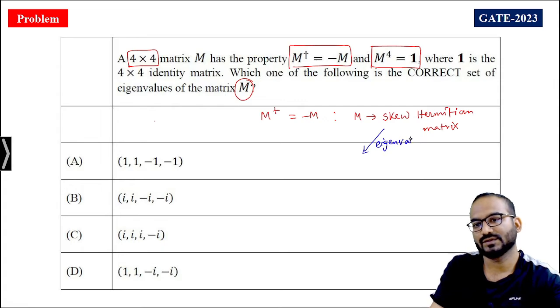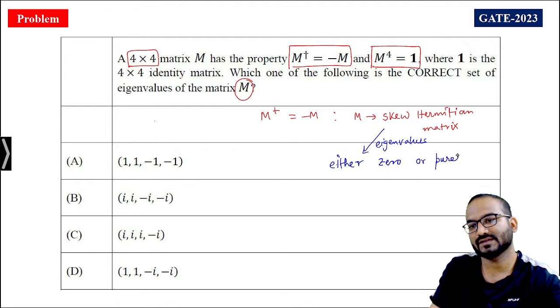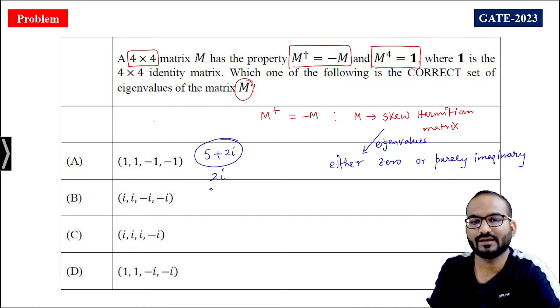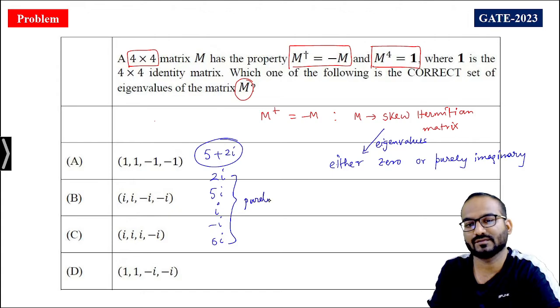The eigenvalues we get are either 0 or purely imaginary. Purely imaginary means only the i component will be there. If you have a number 5 plus 2i, this is not purely imaginary. Numbers like 2i, 5i, i, minus i, 6i are purely imaginary because they only have the imaginary part.